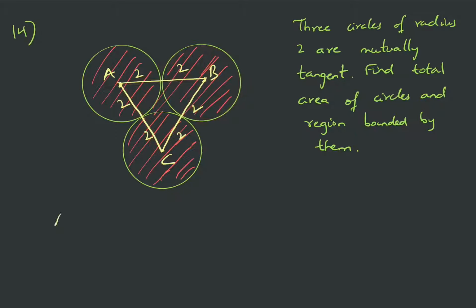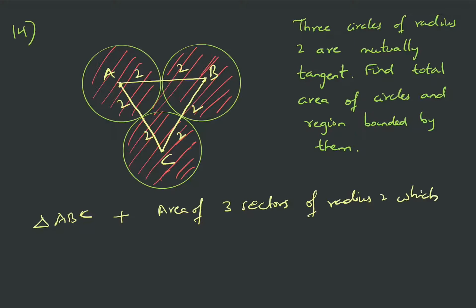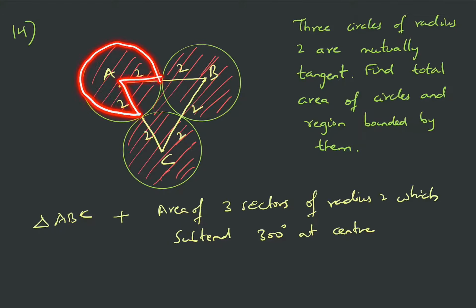Fine. So area of triangle ABC, plus area of 3 sectors of radius 2 which subtend 300 degrees at the center, right? Because this is also a sector, this major sector.